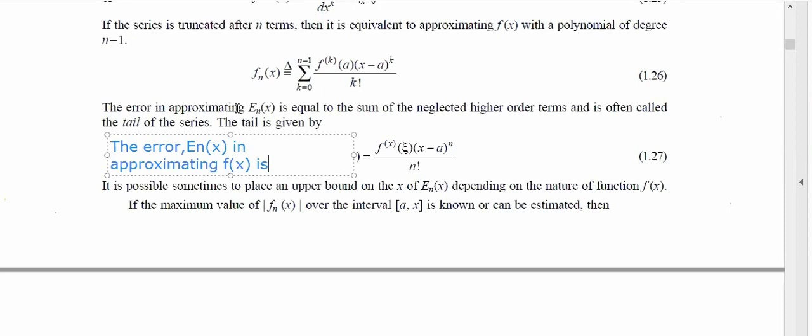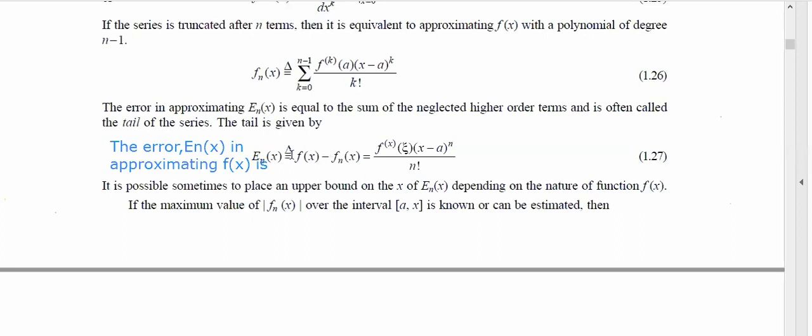Equal to the sum of the neglected higher order terms and is often called the tail of the series. The tail of the series is what? If you look at here, E_n(x) is equivalent to f(x) minus f_n(x). f(x) is the total, and f_n(x) is the approximated function.